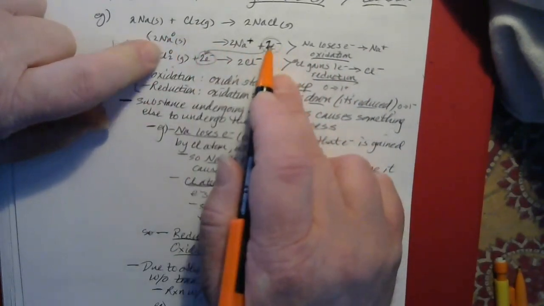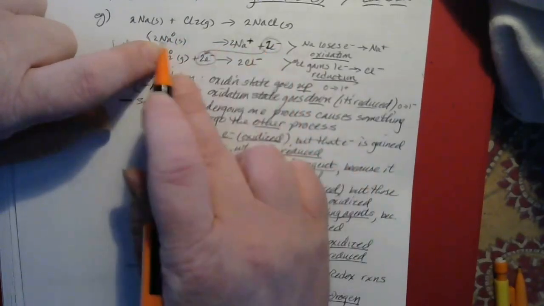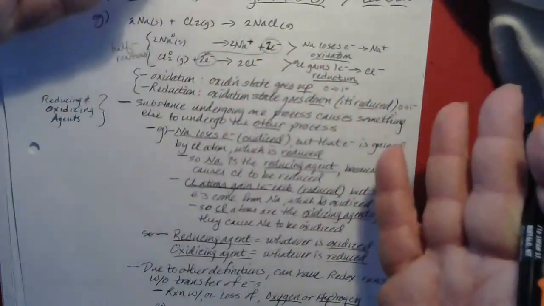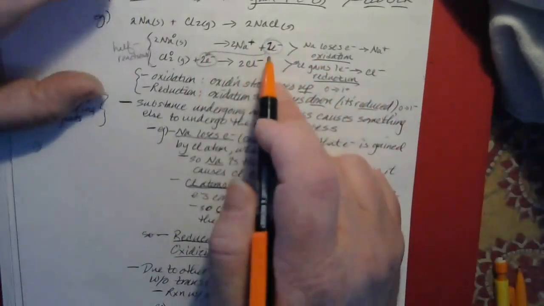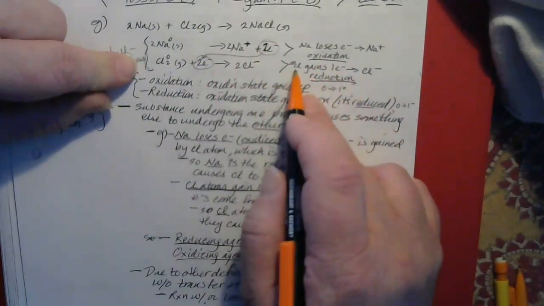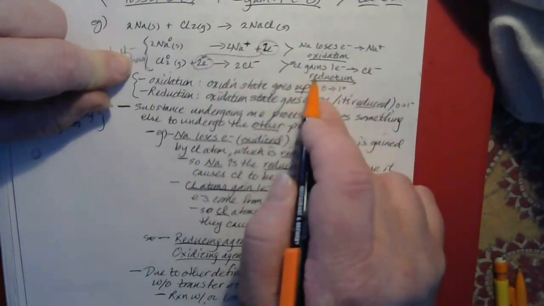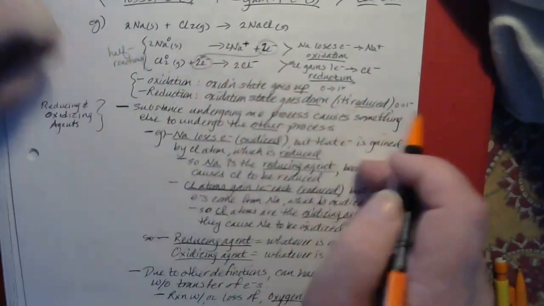So when you see something on a product side, that's kind of the same as losing. We say that sodium lost 2 electrons because, in effect, sodium produced or gave off 2 electrons. And then the chlorine takes them in. So each chlorine atom gains 1 electron to form a Cl- ion, and that's a reduction. So you've got oxidation, reduction.